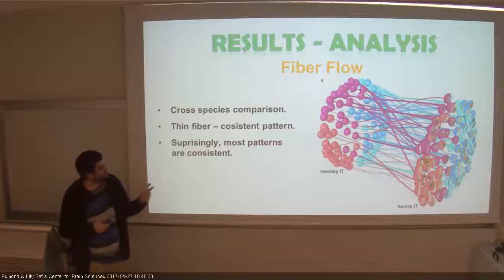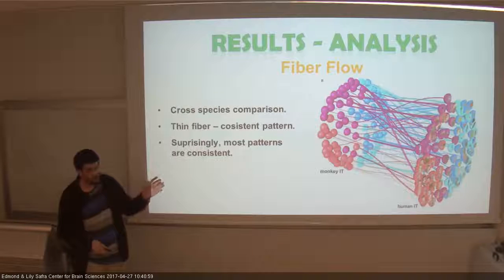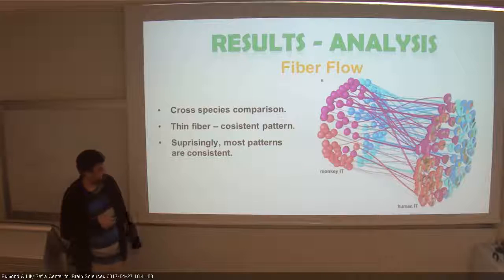The thickness is determined by the correlation of the two activity patterns. If the line is thick, that means that the correlation is very low, and this is not good. And if the line is thin, the correlation is high, and this is very good. They also make a point that most of the lines, and especially most of the straight lines, are very thin, which really suggests some kind of correlation between both.